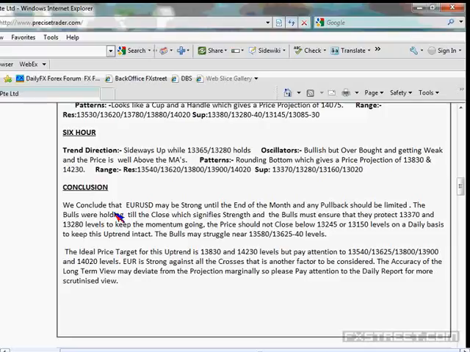So basically, if you look at euro USD, which we said on the 25th, this is where we posted the report. In fact, the market had a pullback, and the low it went was 133.80.